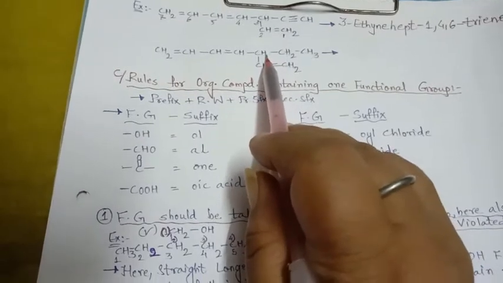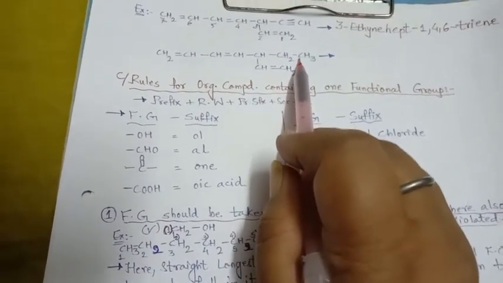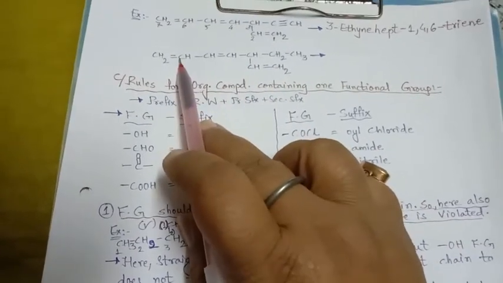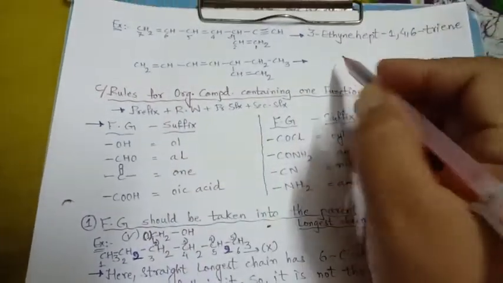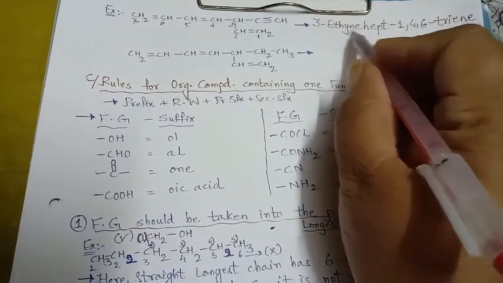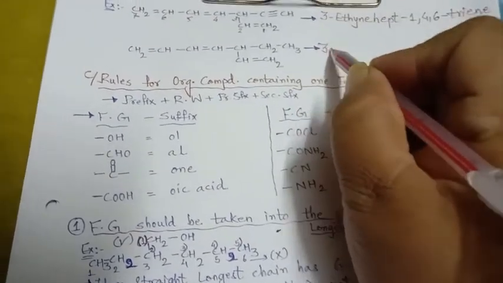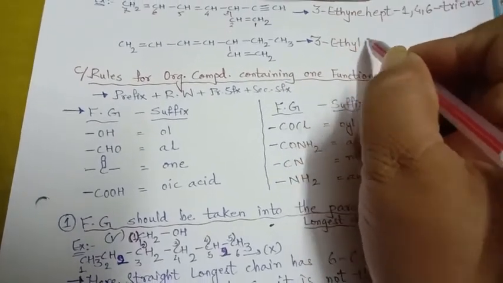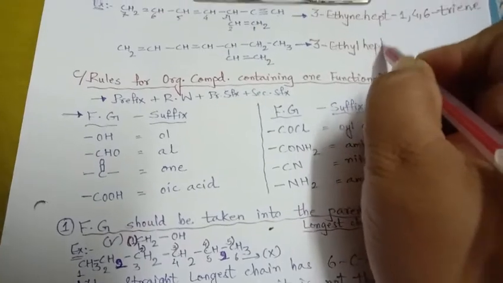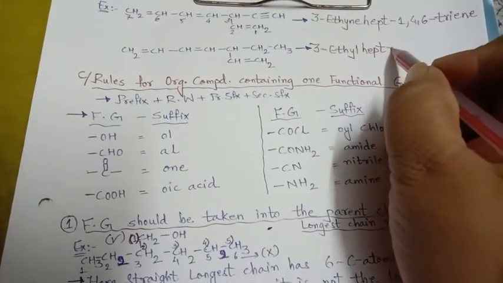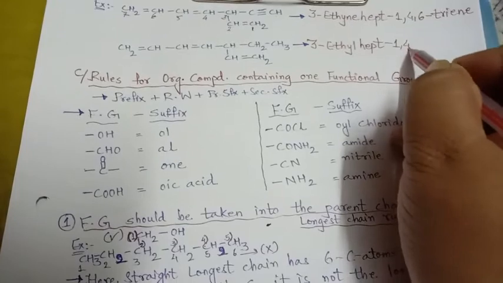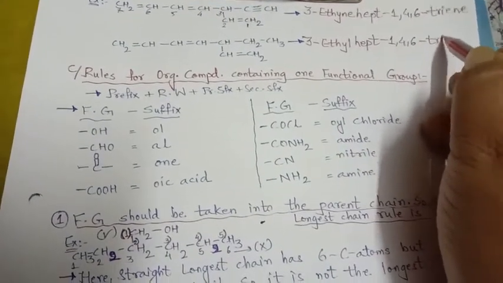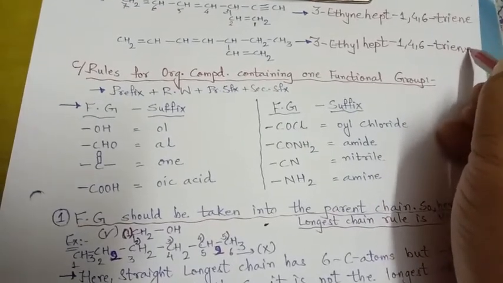So here we will consider 3-ethyl hept 1, 4, 6 triene, right? Only instead of ethyne it will be ethyl. 3-ethyl hept, because there are 7 carbons in the parent chain, and the first, 4th and 6th carbon have double bonds at all 3 positions, so triene.